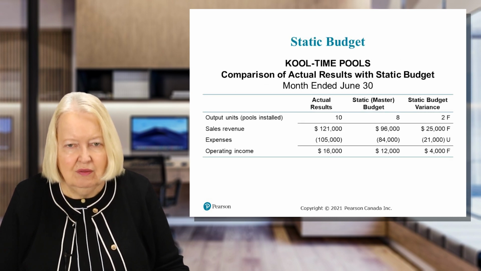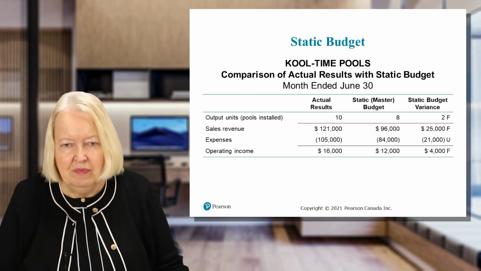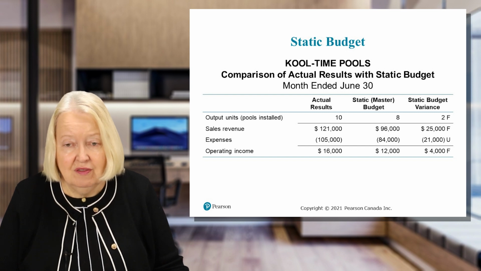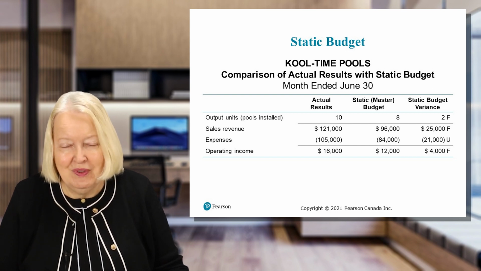So here we're still looking at the pools. Actual results, we know we ended up selling 10 pools, we had planned our budget based on 8, so your variance here is 2 units. But it's a favorable variance because you sold more than you had planned, which is good.